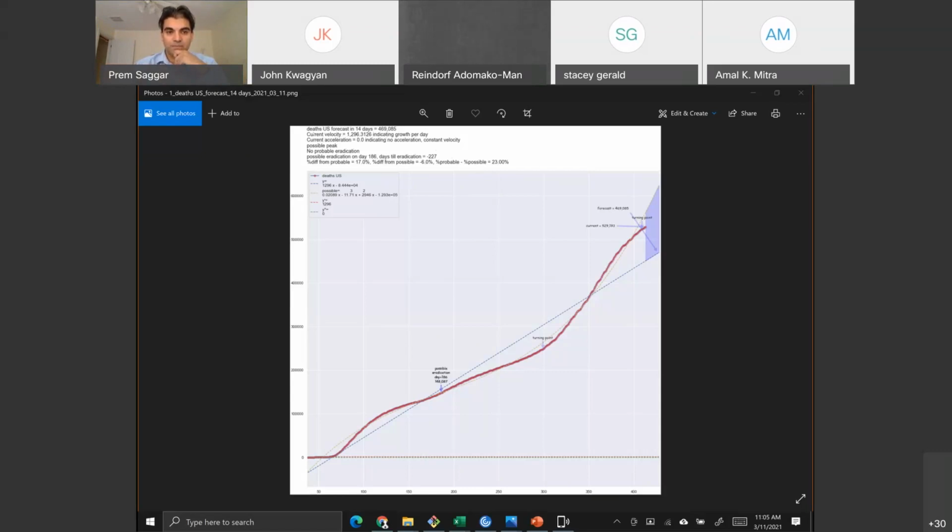So from the very top, what we have is deaths U.S. forecast in 14 days. So we give a 14-day projection and we give a 6-month projection. And the projected deaths are 4,600 and 9,000, right?